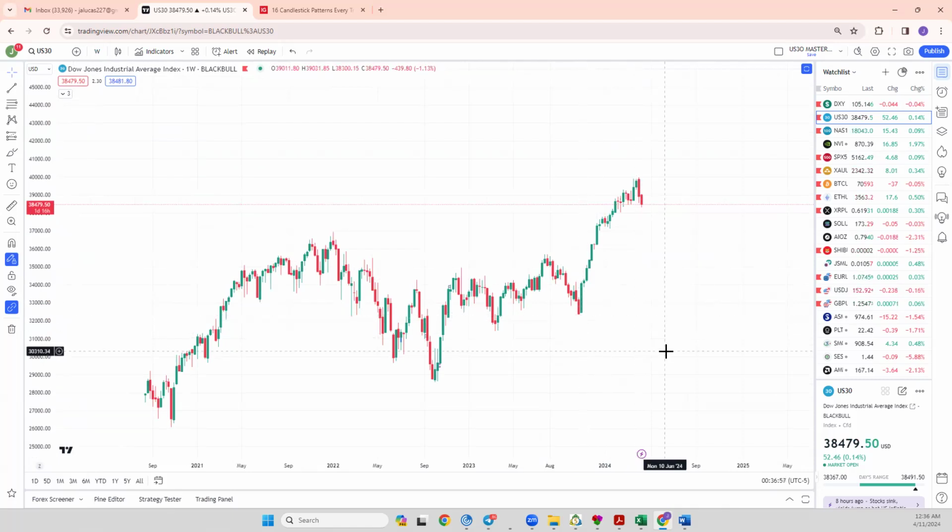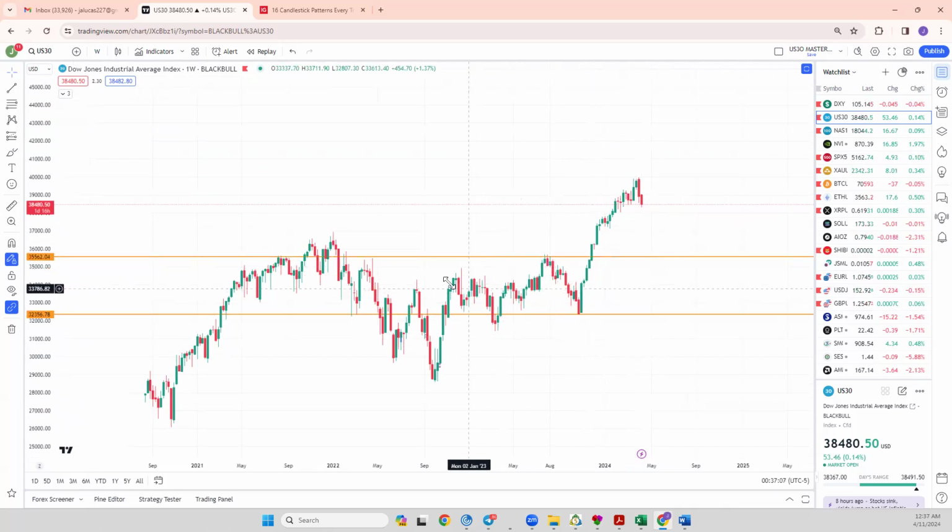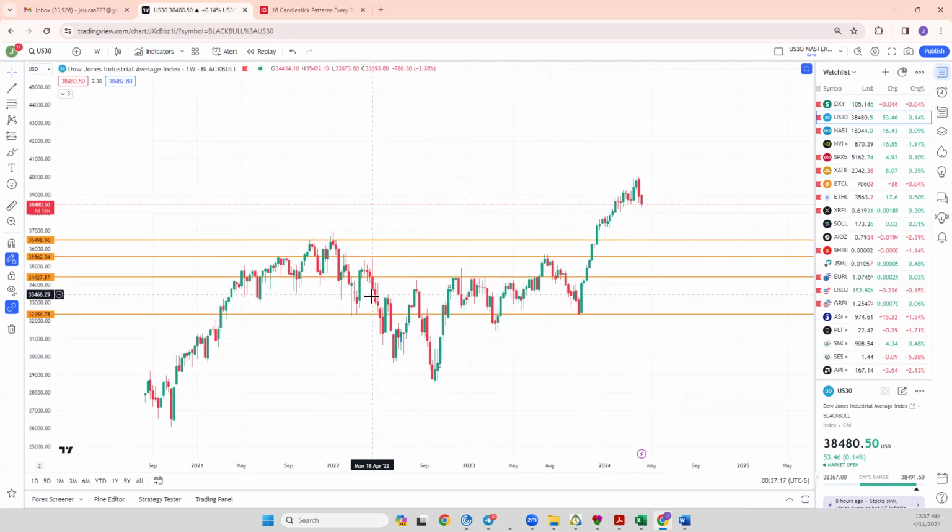If I was looking from right here, my immediate resistance level or level of interest would have been here. I also have a strong period of consolidation that happened here. That would have been a resistance level here. And then this would have been the biggest one right here.